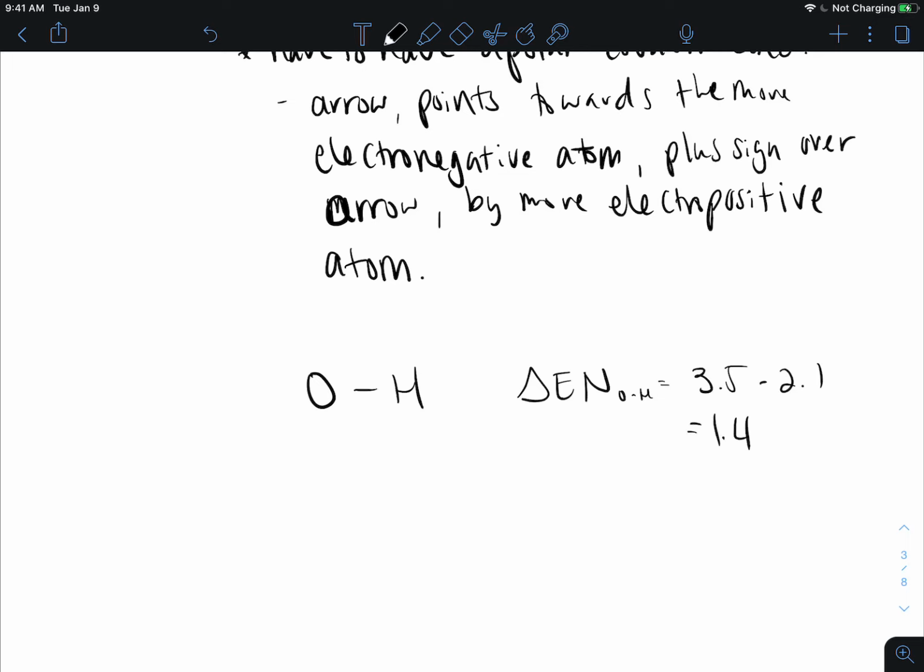So we have a bond dipole. We have a polar bond. Our oxygen is more electronegative, so we're going to point our bond dipole towards the oxygen and then a plus sign by the hydrogen. So it could be above, or you could write it below like I've written here. Doesn't really matter. Like that.